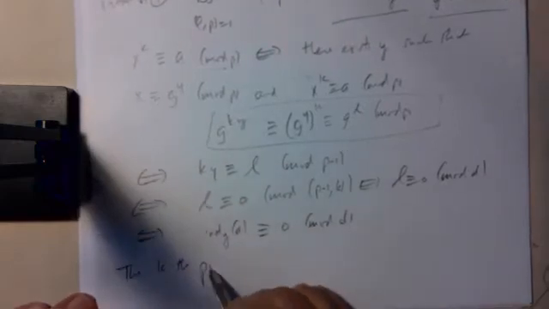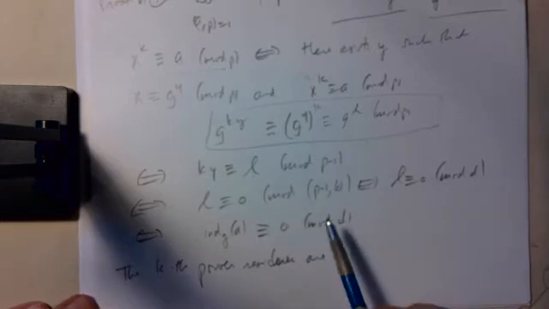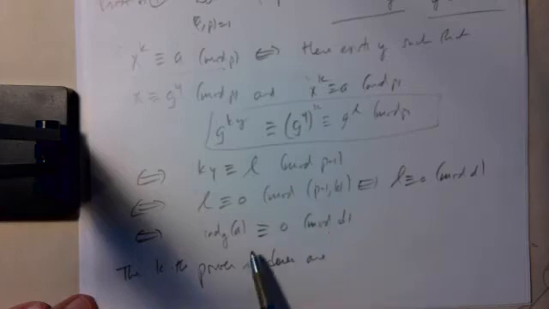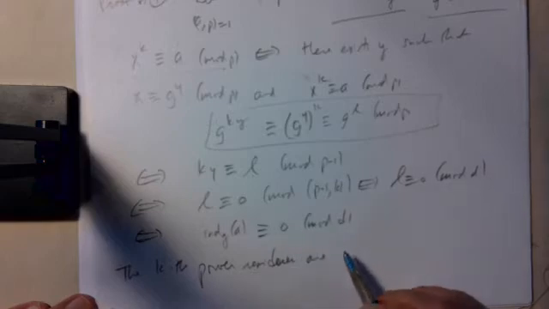So the kth power residues mod p are exactly the numbers a whose indices are multiples of d.